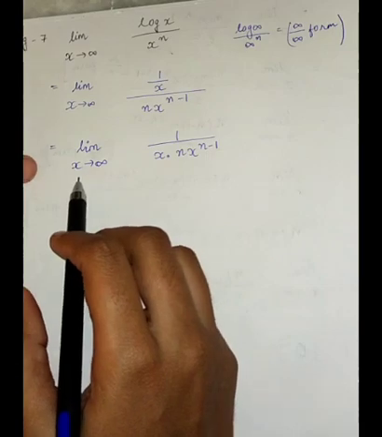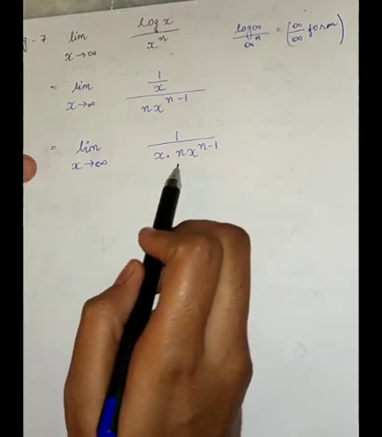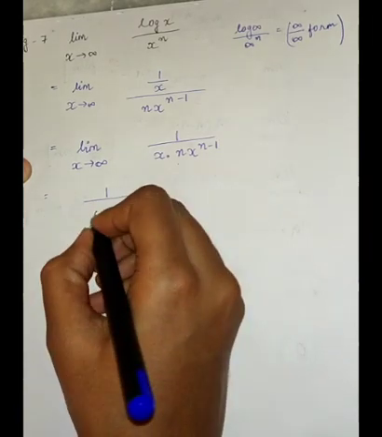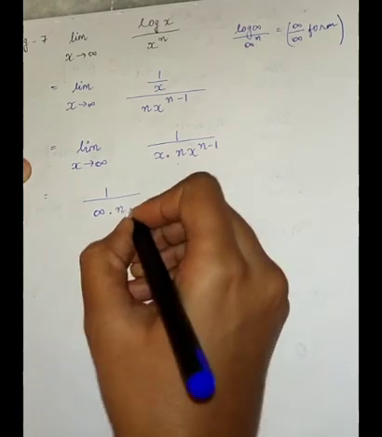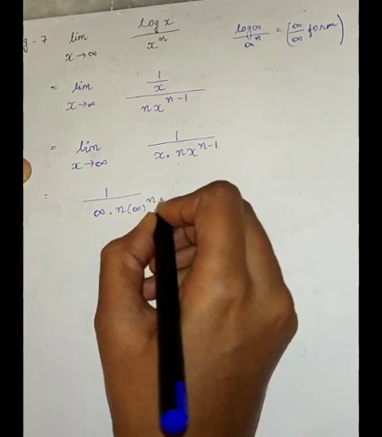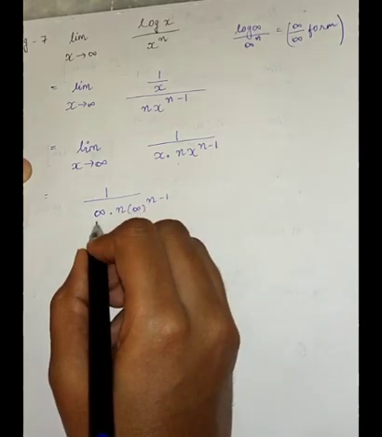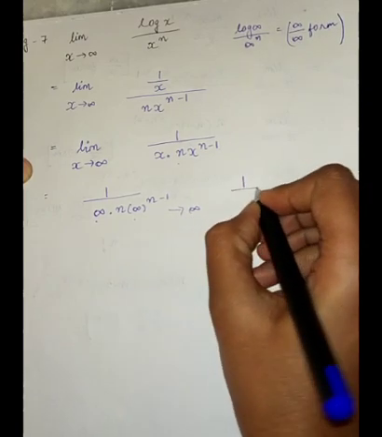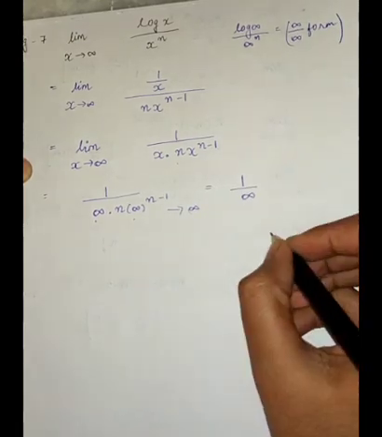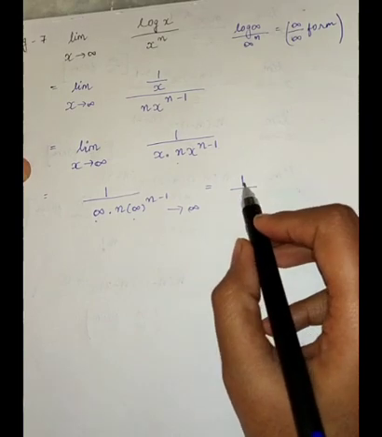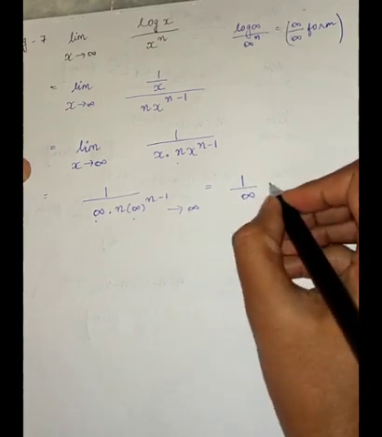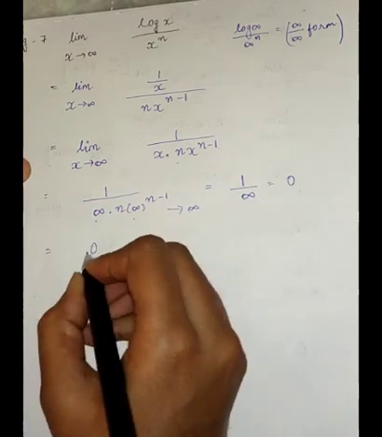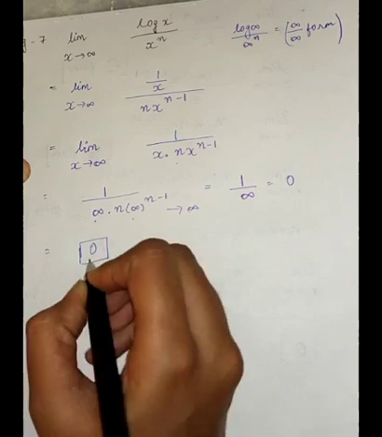Now if we substitute this limit in this equation, then we get 1 upon infinity into n into infinity raised to n minus 1. Anything into infinity is always infinity. So we get 1 upon infinity, and anything upon infinity is always 0. So the answer of this question is 0.